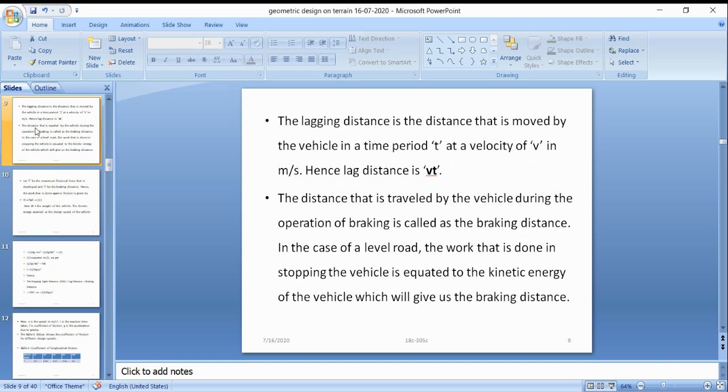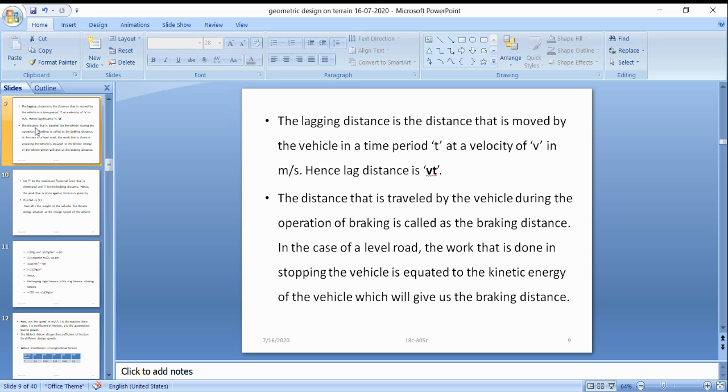So the lag distance is the distance that is moved by the vehicle in a time period t at a velocity of v. Applying the reaction time t for a vehicle, that is the lag distance we are calculating.